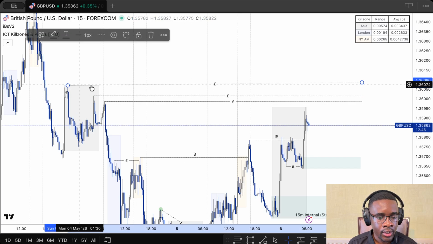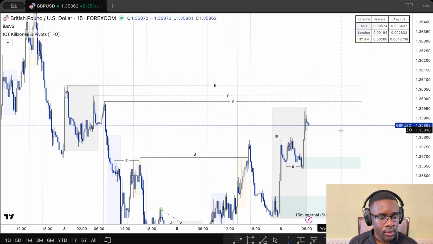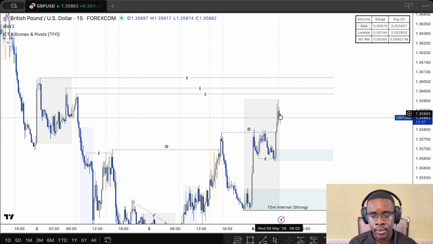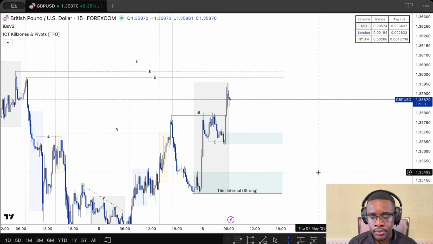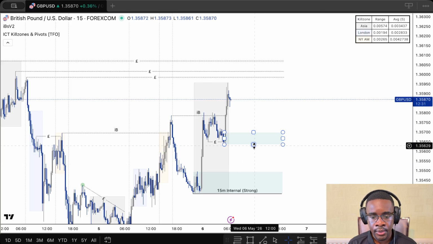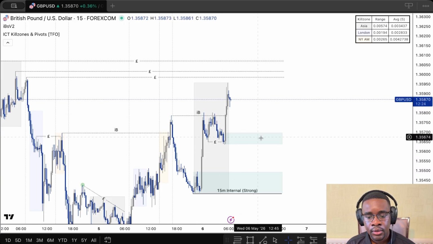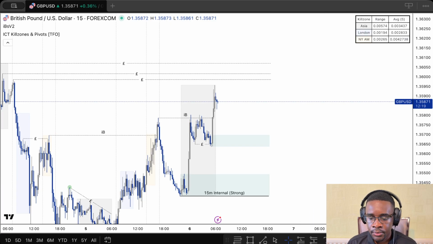Then we have Asia high. So that's liquidity to target. Whether price starts by taking that out is what remains to be seen, or price will simply come in lower, and then either mitigate this area or sweep this area and then continue bullishly.